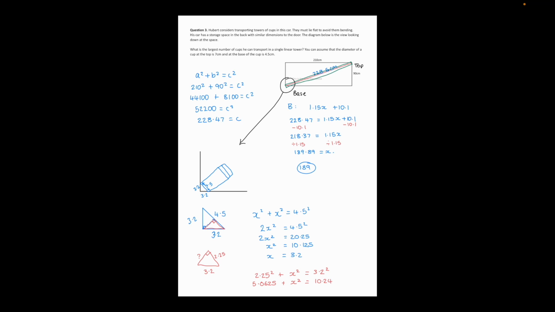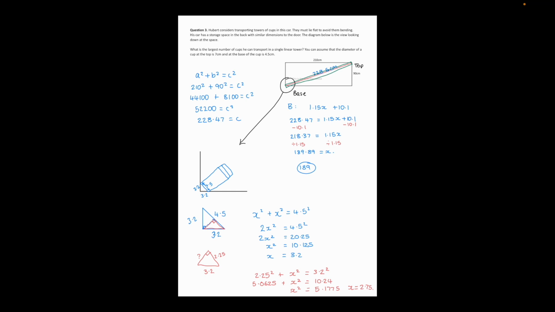So I'm going to subtract the 5.06 from each side. That gives me x squared is 5.1775, in which case, when I square root that, x is equal to 2.75.